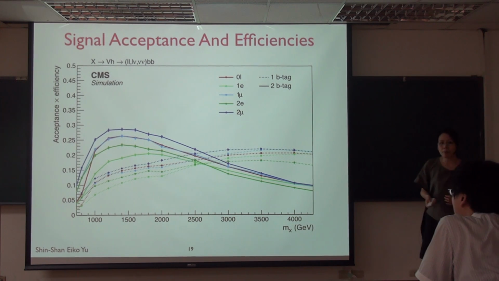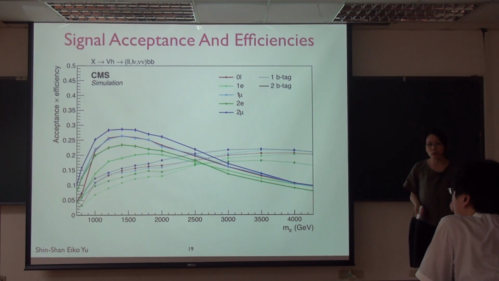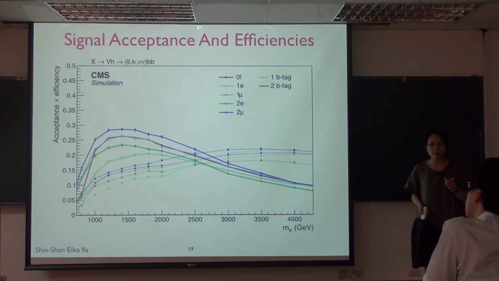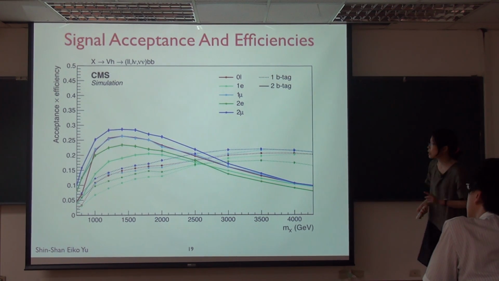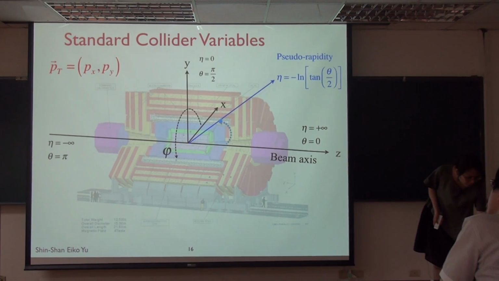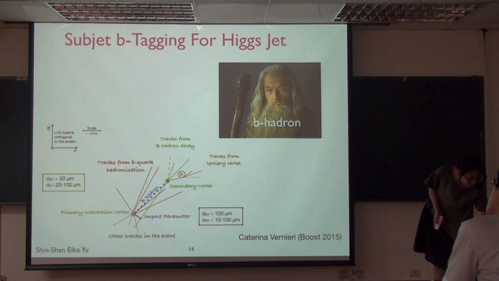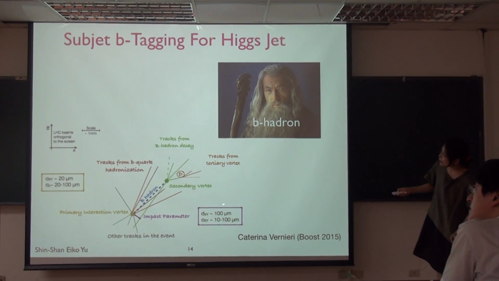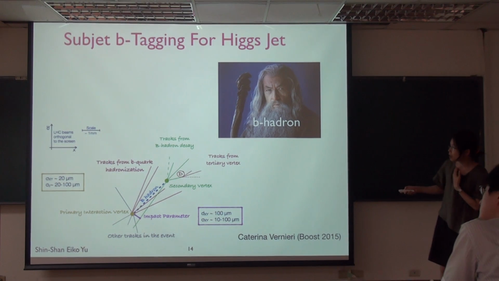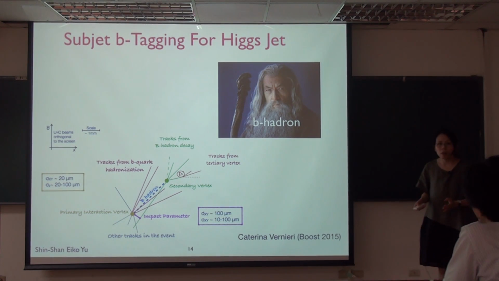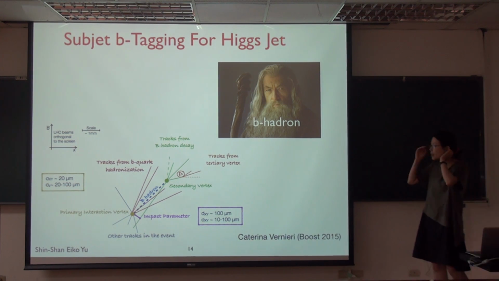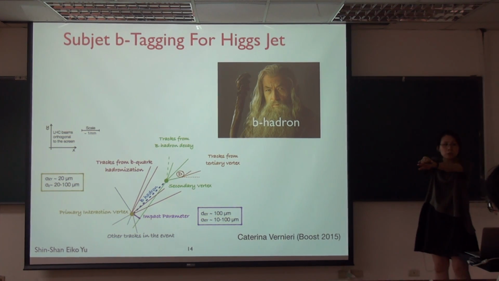A lot of people might be wondering, since you have a Higgs decaying to BB bar, why are you allowing the events that have only one secondary vertex in your Higgs jet? The reason is because our B tagging, the secondary vertex or B quark identification algorithm, doesn't work as well and starts to lose efficiency when the two B quarks get too close.